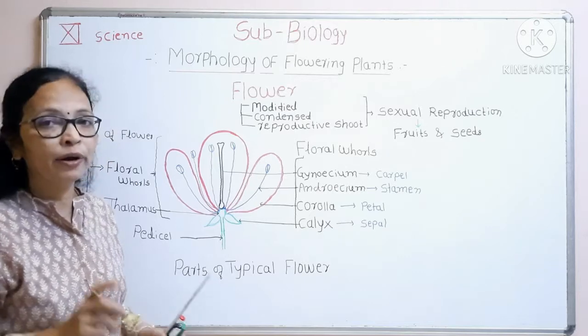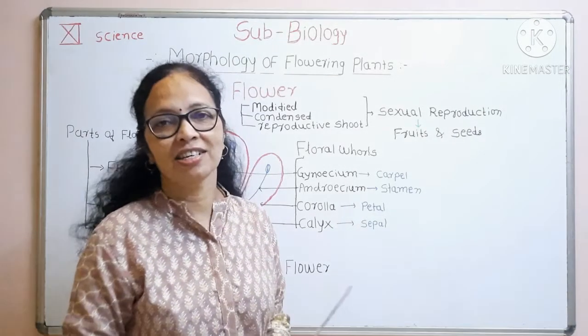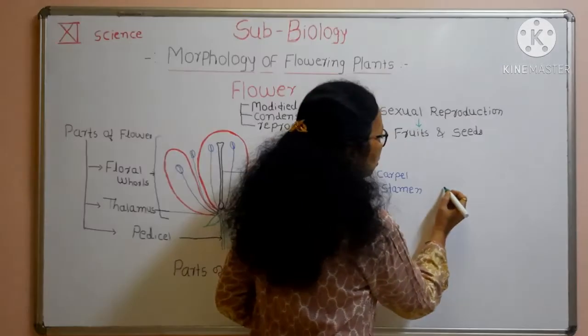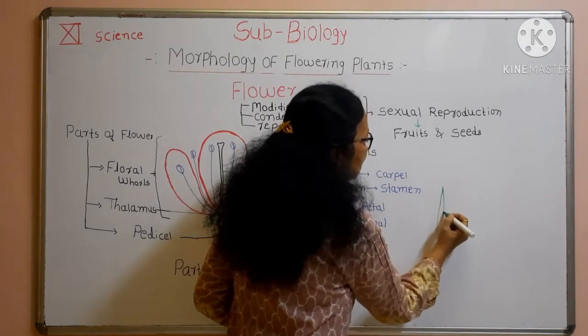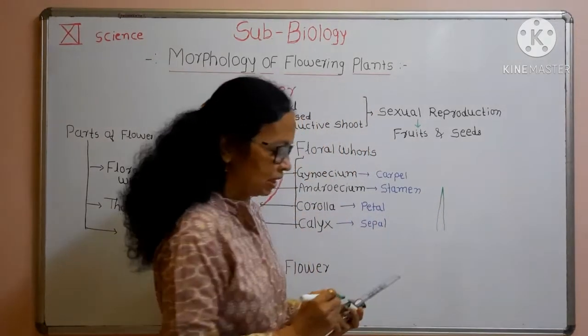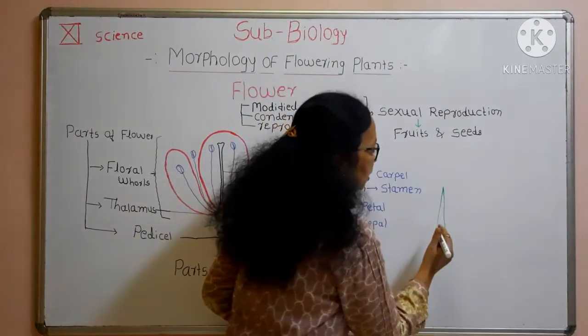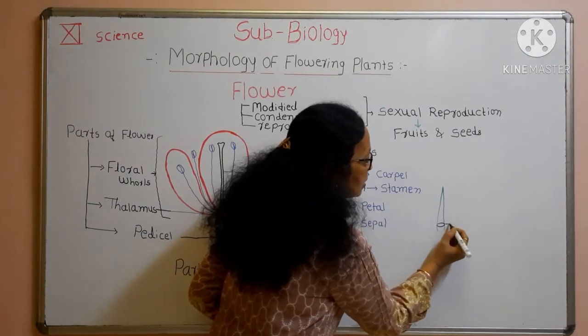So modified, we already know the characteristics of the shoot. We already know on a shoot or on a stem there is a presence of nodes and internodes. So here the thick portion on the stem is called as a node.